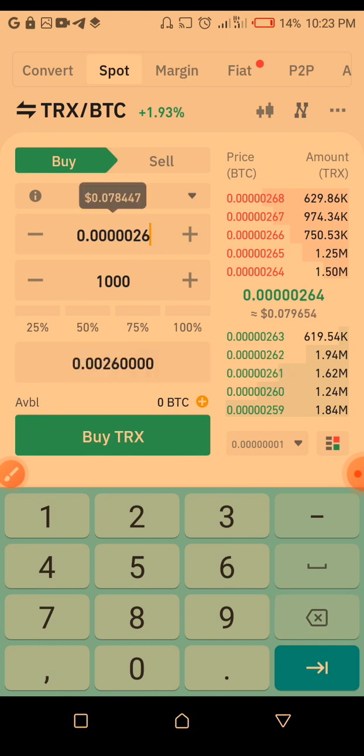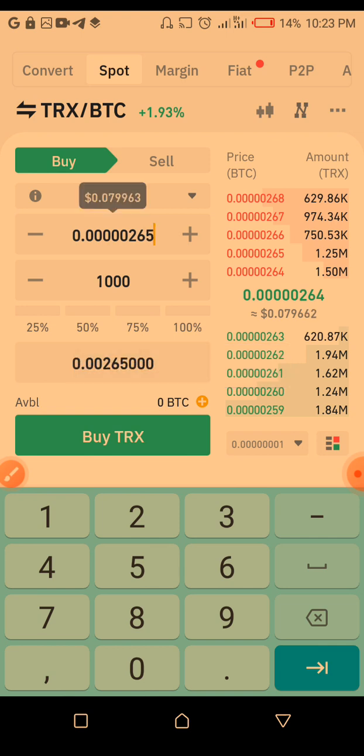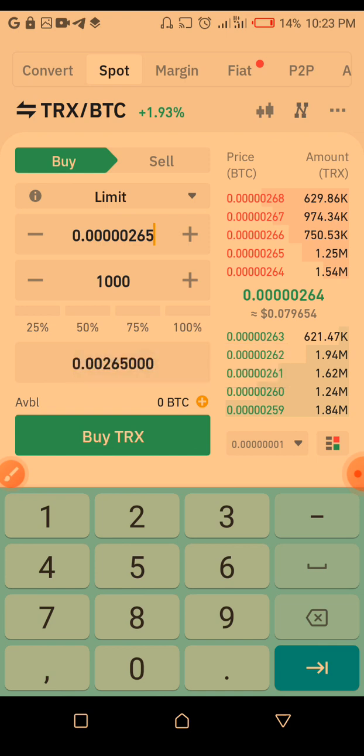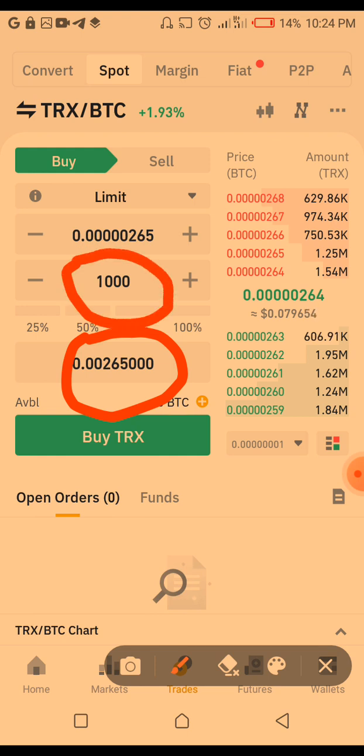You can say, when the price reaches 0.0265, I want to buy 1000 TRS. You can see the amount of BTC you are going to spend to buy 1000 TRS at this particular price.